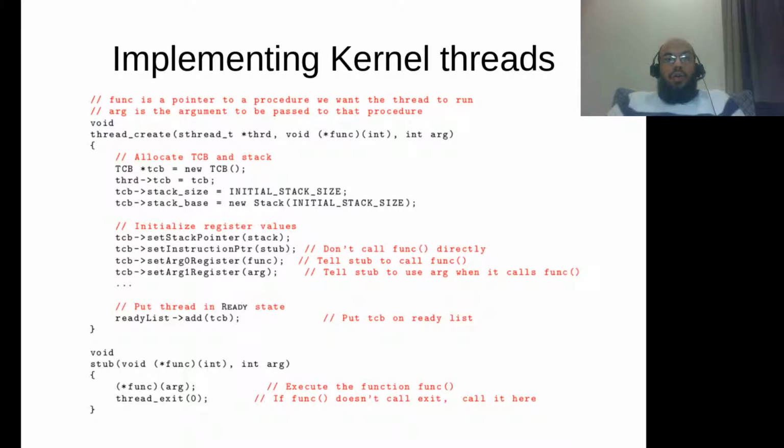This is how a very naive implementation of kernel threads would look. It's pseudocode, so you cannot say it's an implementation. You can see that you create a new thread control block, and you also create a new stack, with a stack size and a stack base. The stack base is the memory address that you start the stack with for this thread, and the stack size is how much memory this thread can use.